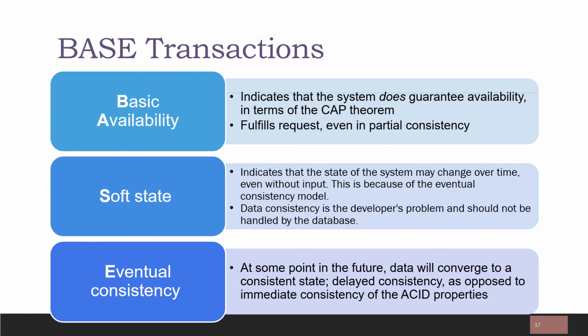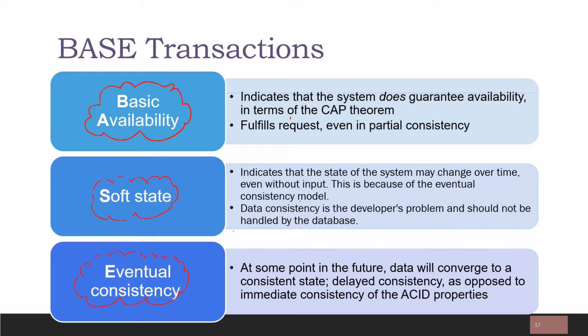What does BASE transaction refer to? BASE refers to first, basic availability for the BA, and the S refers to soft state, and then E for eventual consistency. Okay, so these are the meanings of BASE transaction.